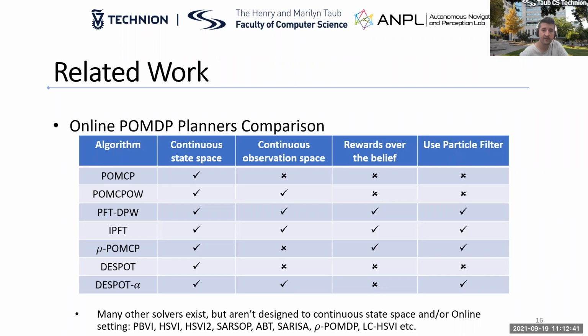Importantly, POMDP planning is a widely studied problem, and many other early seminal works or innovative solutions exist, such as the ones mentioned beneath this chart. However, all of them aren't designed for continuous state spaces or the online planning setting we adhere to in this work.